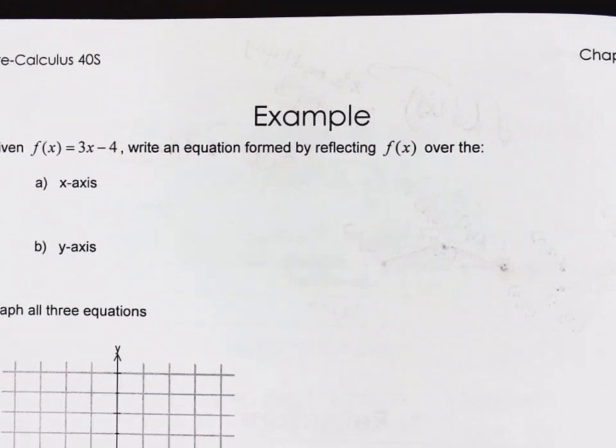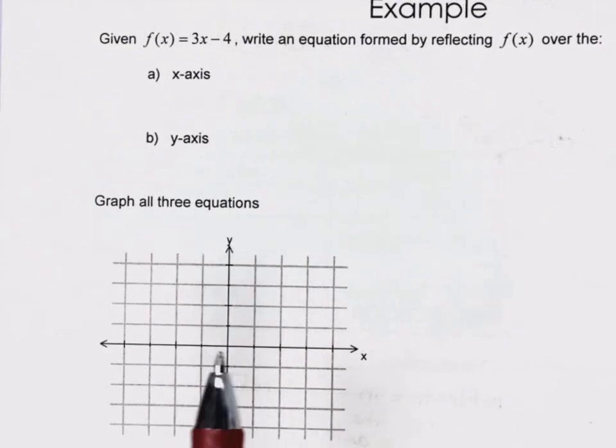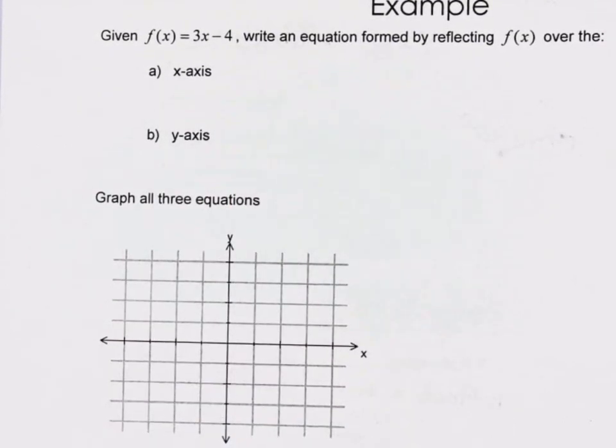Okay, now this is the difficult one because it gets a little bit confusing. And it might be easier for you to do this part first than write the equations, but we're going to do it. All right, so if we're reflecting over the x-axis, what are we multiplying by -1?